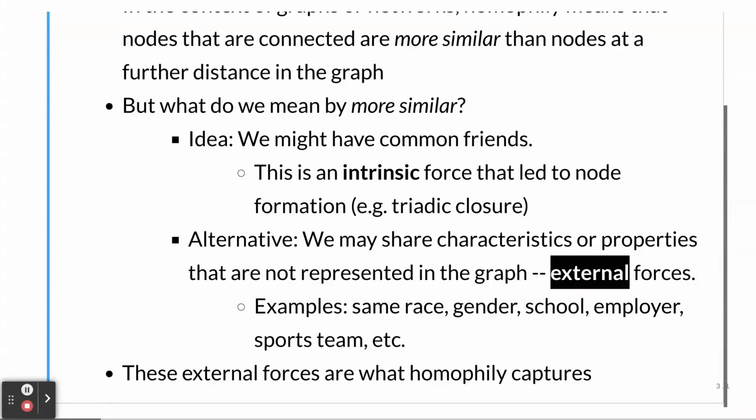An example of these external properties, maybe outside of the social network setting, would be: suppose that you have a graph of manufacturing plants, and each of the nodes is a manufacturing plant or site, and each of the edges would represent whether or not these nodes have any sort of inflow or outflow relationship.